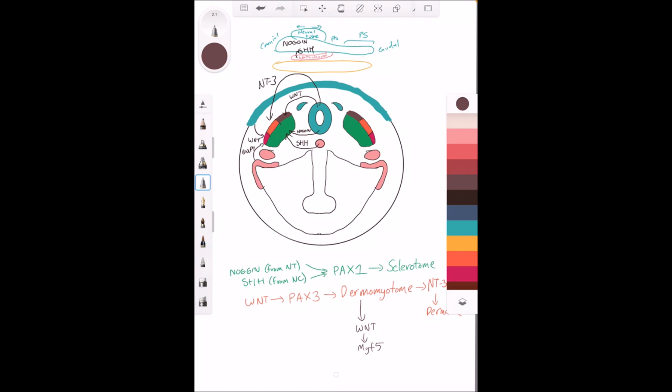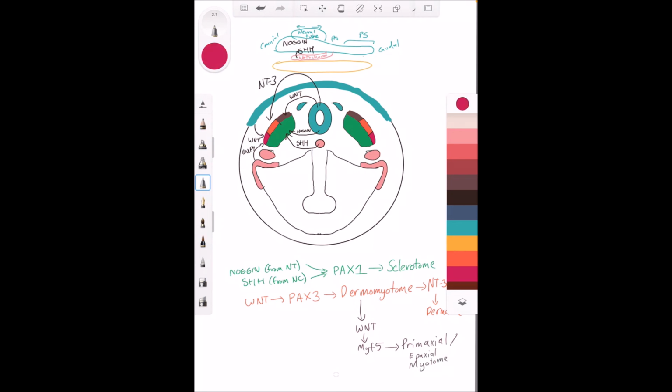My is like a common thing for muscle, so it's like myo, maybe F is like a fiber, myofibril 5 or something, I don't know. But that's going to make our primaxial, or if you watch the Noted Anatomist video, it's called epaxial myotome.